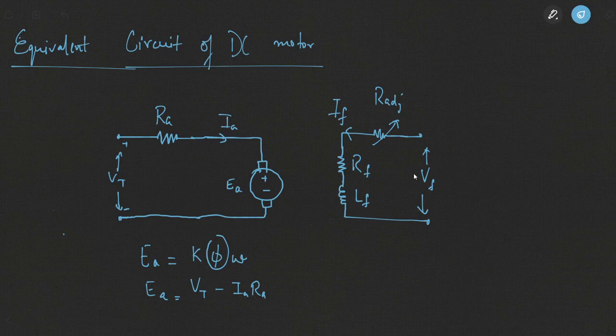That means your flux will also decrease. That means your internal generated voltage EA will decrease across the armature circuit. If you decrease the value of R adjustable, you are decreasing the field resistance from the previously mentioned value. So you can control the value of IF by changing this adjustable resistance by means of a rheostat.